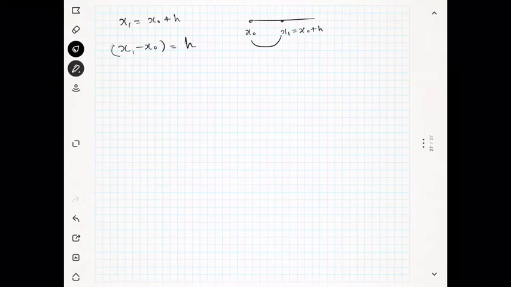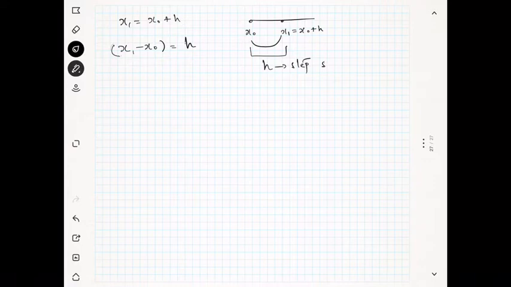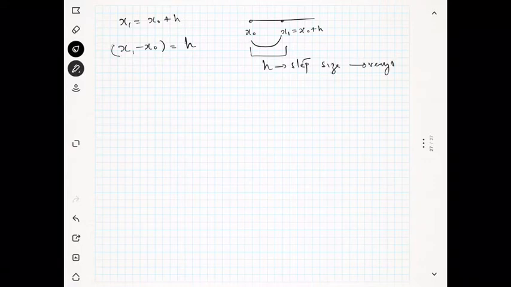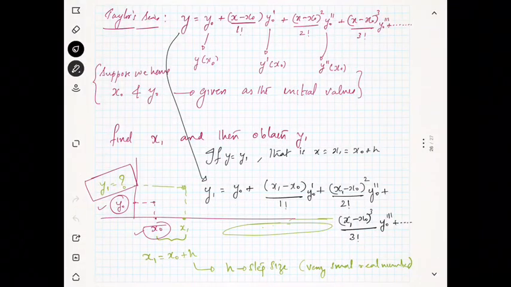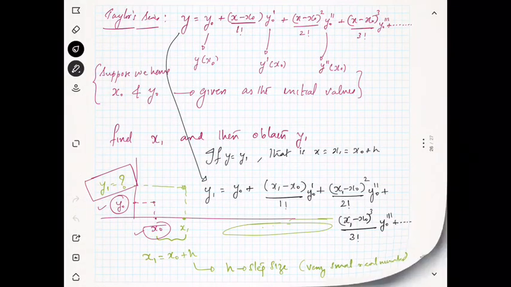So you can see that this gap is nothing but h, or we can call this the step size. This is usually a very small number, maybe 0.1 or 0.001, maybe 0.2. Now we will write the Taylor series.